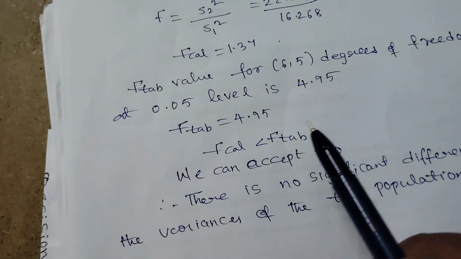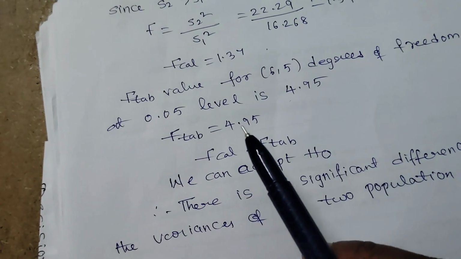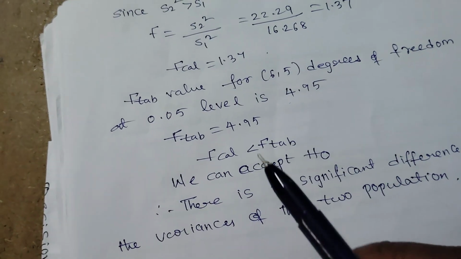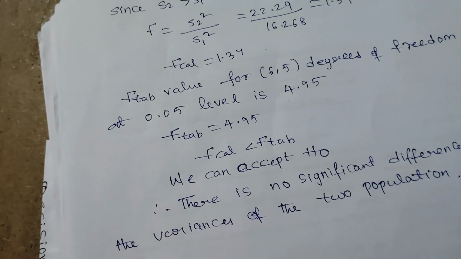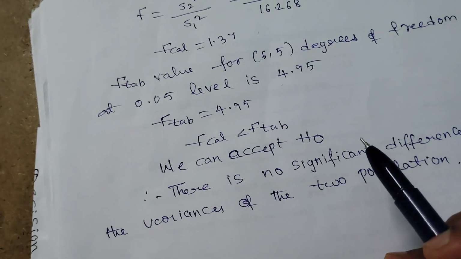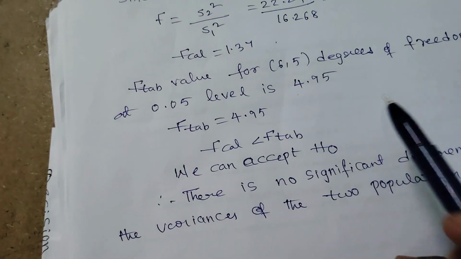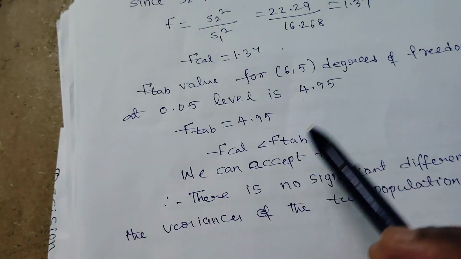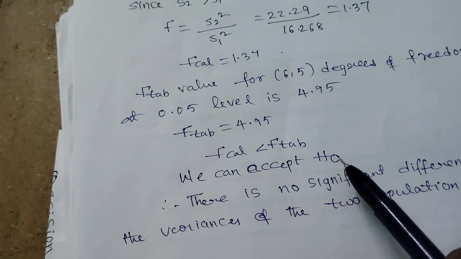Okay, in the table we need to check what? Row wise we check v1, and column wise we check v2. The intersection of the v1 and v2 values is nothing but our table value. The level of significance is 0.05.